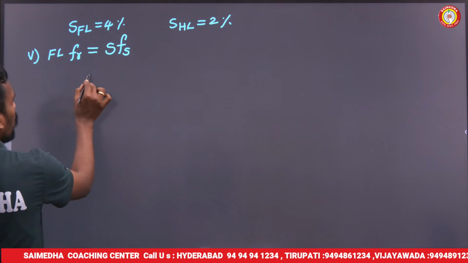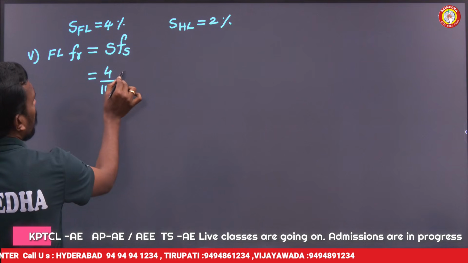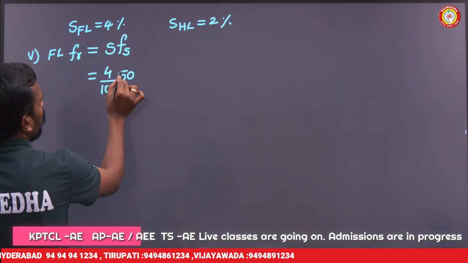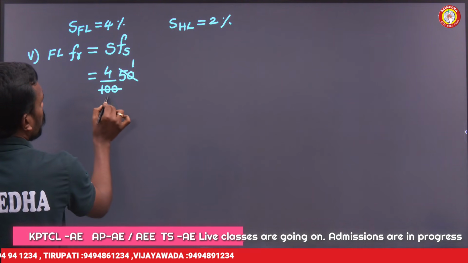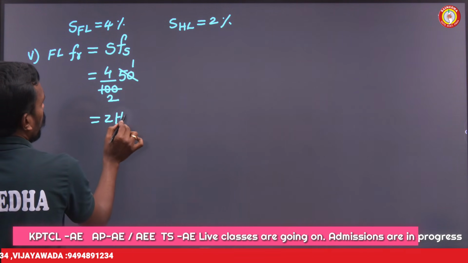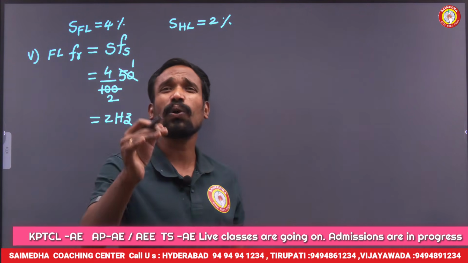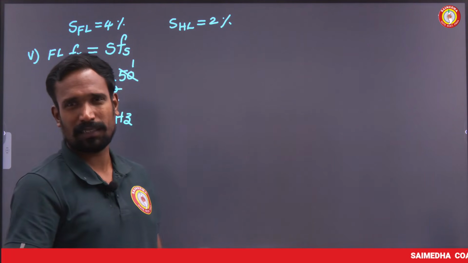Slip is 4%, supply frequency is 50. 4 by 2 is 2 Hz. So the full load rotor frequency is 2 Hz.